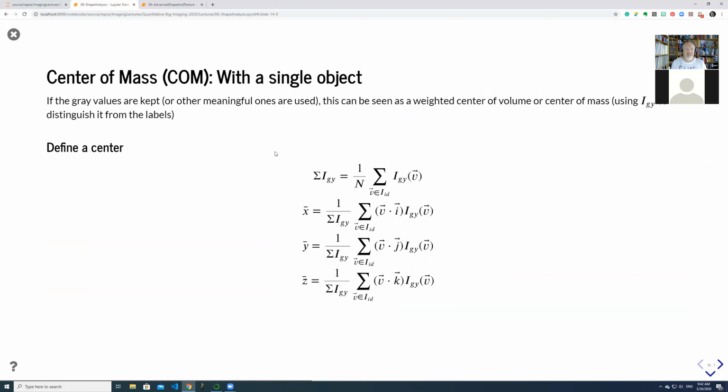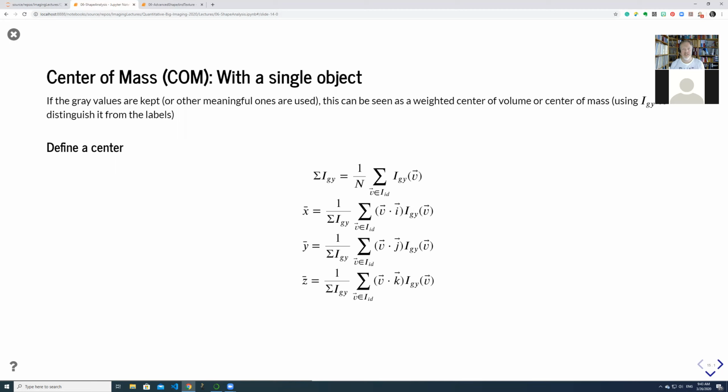Now, we did it only assuming that it's a homogeneous object, so it's only ones and zeros in the image, but you can actually also expand it into using gray levels, and then you can get a center of mass.